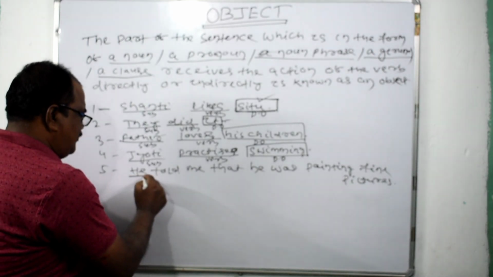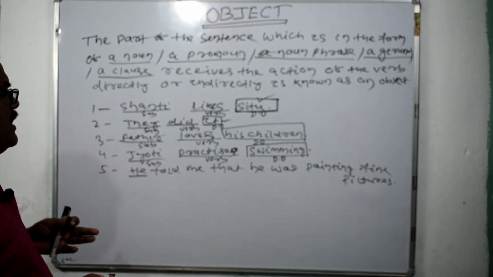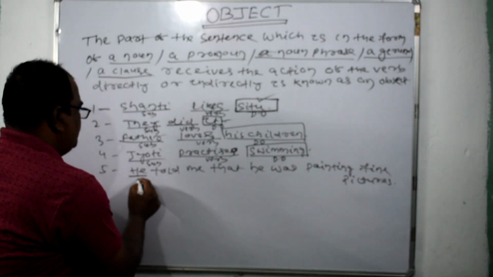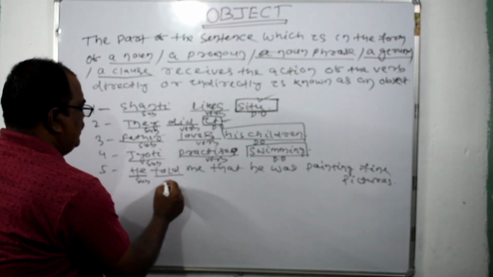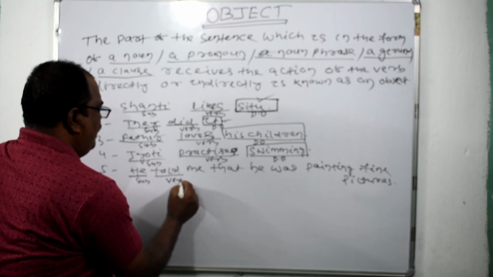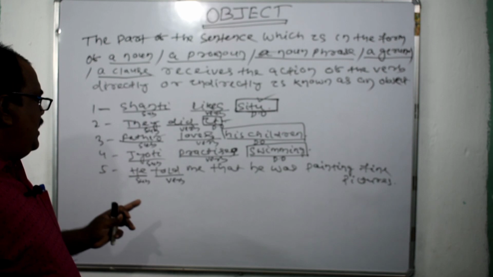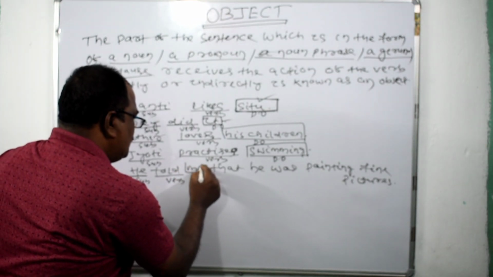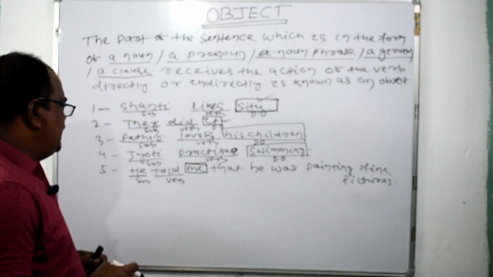In the fifth example, he told me that he was painting fine pictures. He is the subject. Told is the verb. To whom did he tell?